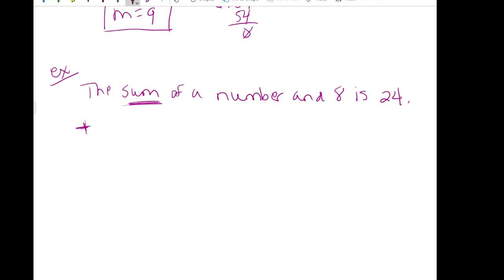We have a number, which we've yet to define. You can use any letter that you like. In this case, I'll use the letter N. We have the sum of a number and 8, and is. We haven't talked about this yet, but in mathematics, is means equal to.